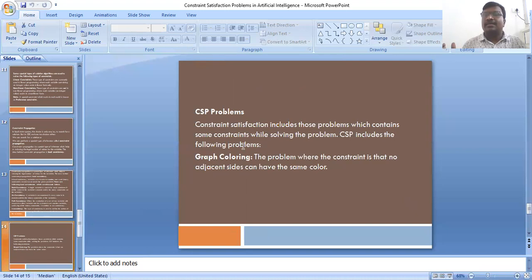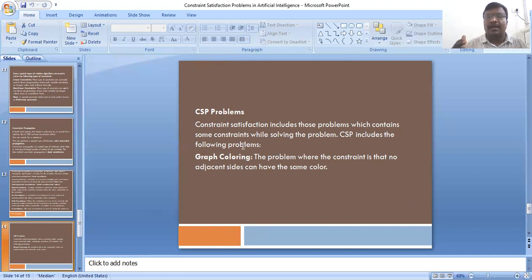Next, what is the CSP problem in artificial intelligence? Constraint satisfaction problems include those problems which contain some constraints while solving the problem. One example is graph coloring.